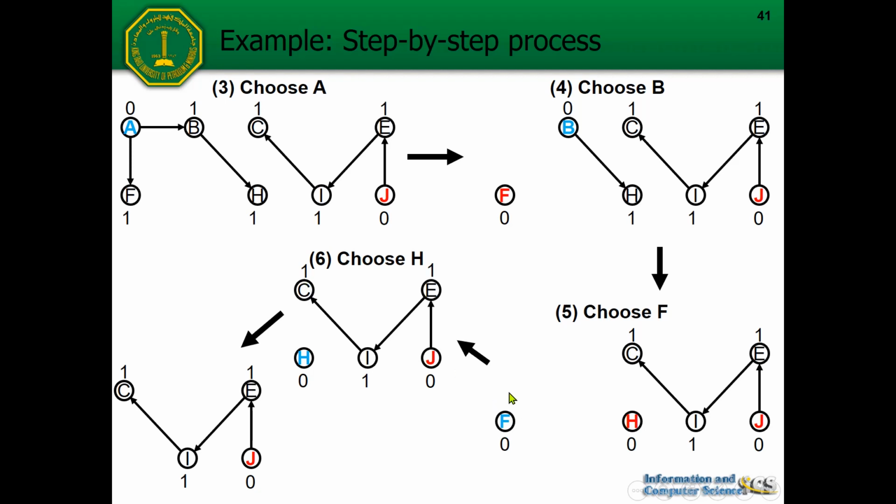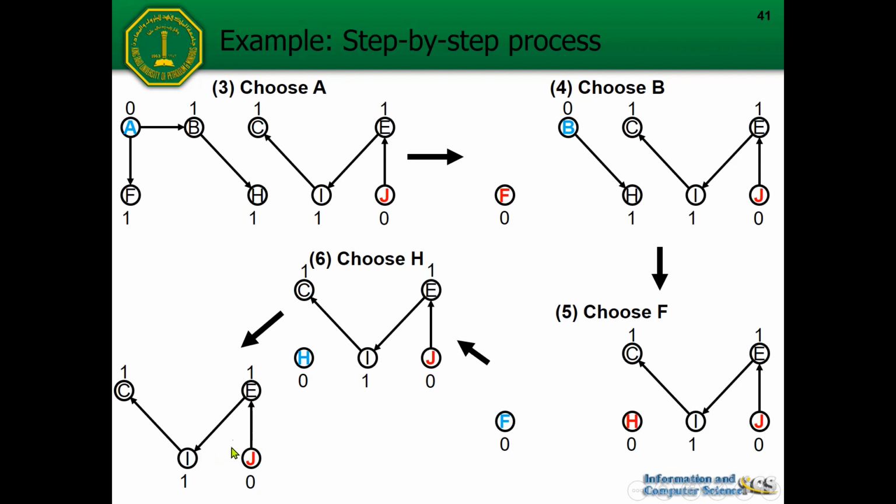Actually, we don't have to do anything because F is a single vertex, so it will not change the degree of the remaining vertices. Now we have H and J as the vertices with degree 0. We can choose whether we want to remove H or J. For the sake of the example, we remove H from the graph. So the result will become like this.